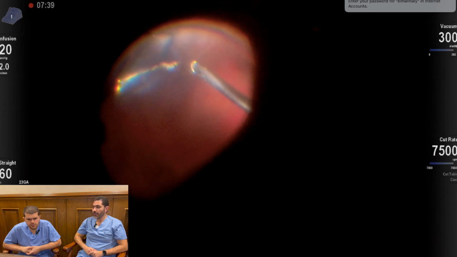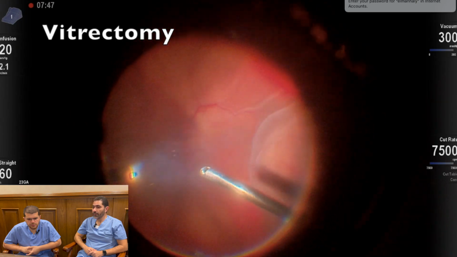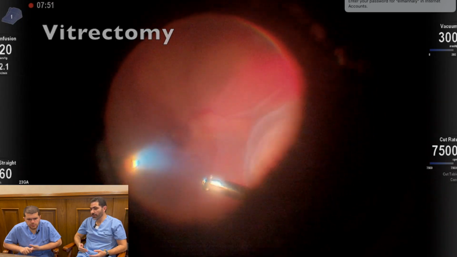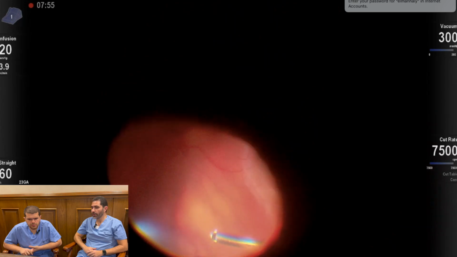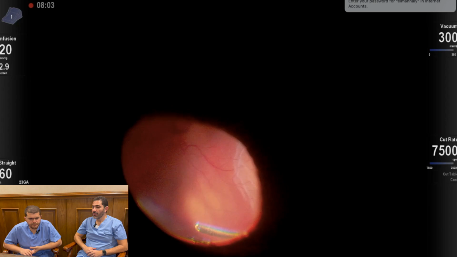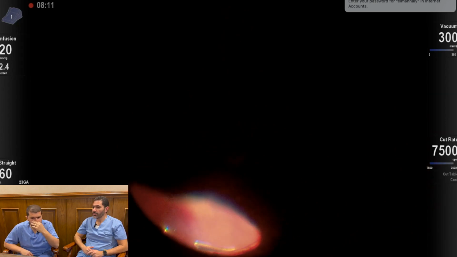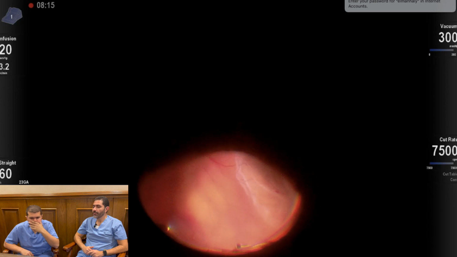As we can see, there are multiple quadrants of choroidal detachment, complicating this simple rhegmatogenous retinal detachment that he presented with 1 week before. So we went for a regular core vitrectomy, and then shaving in the periphery.